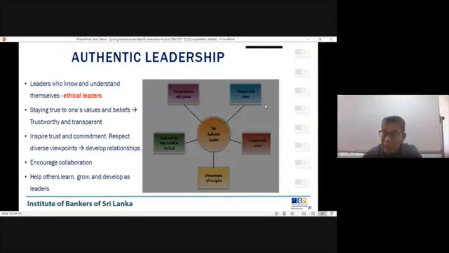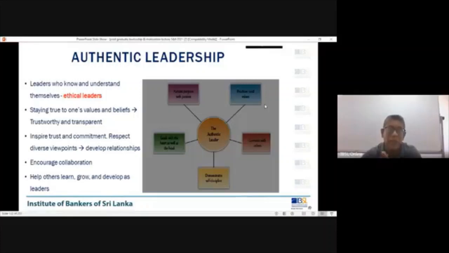In fact, this value statement was earlier within the mission statement, but they have now taken it out, because they consider that values play an important role in how business is carried out, adding value to your customers, right? So they have taken the values and beliefs out of the mission statement and incorporated them under a separate statement.